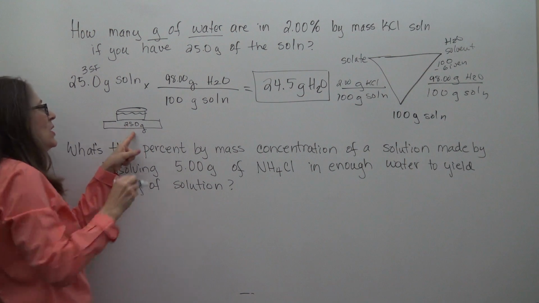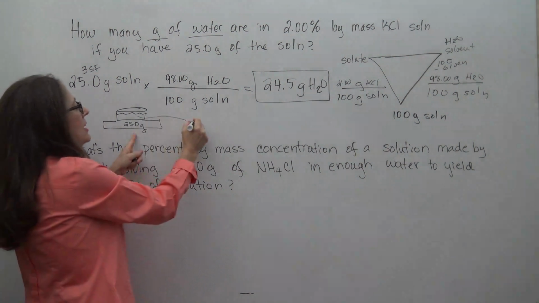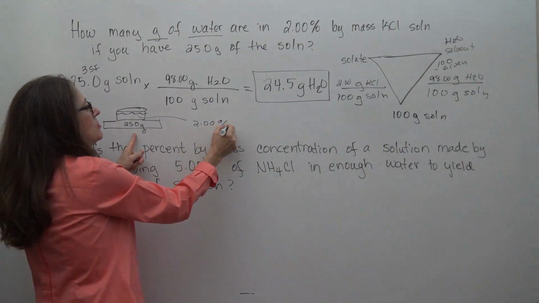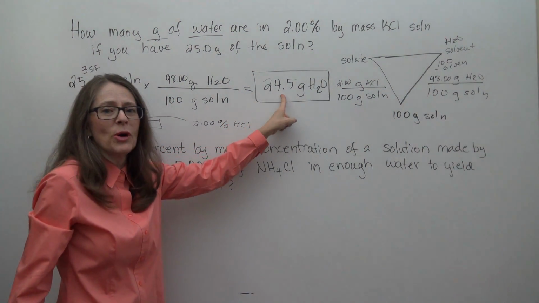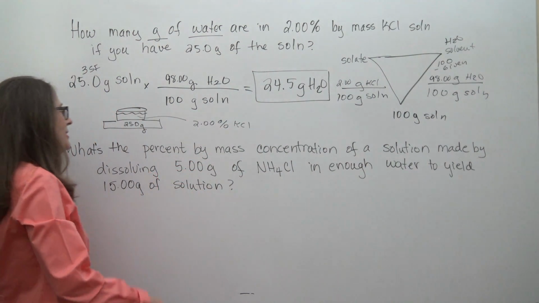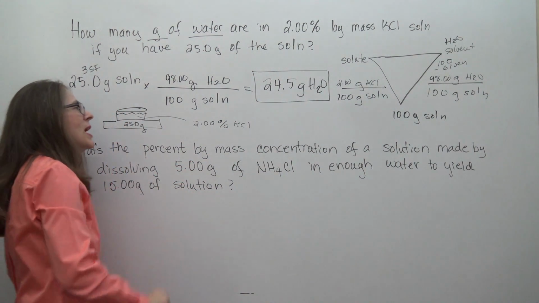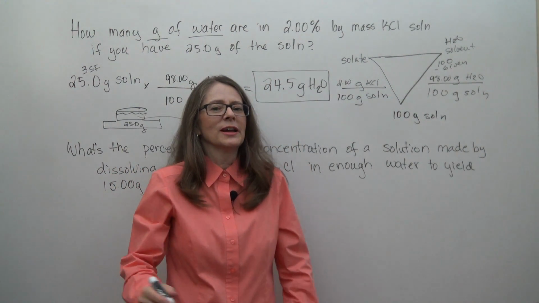And I know if I've got 25 grams of the solution, and it's 2% potassium chloride, I know that 24.5 grams of it is going to be water. Out of my 25 grams, 24.5 grams is water. That's kind of a neat trick.